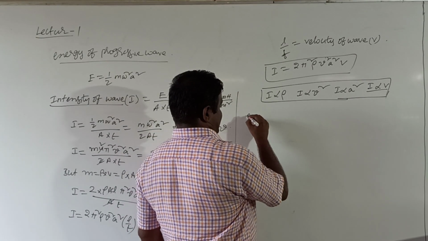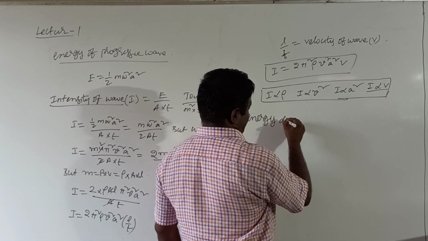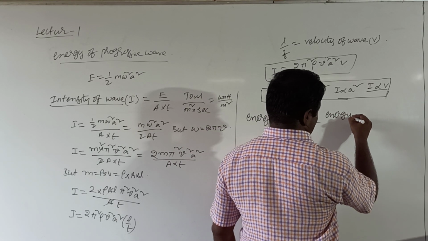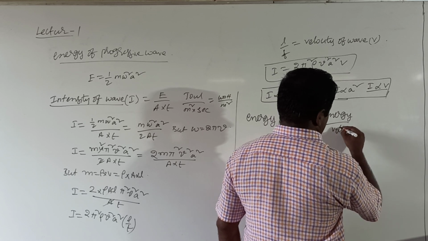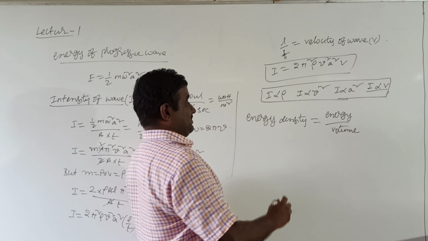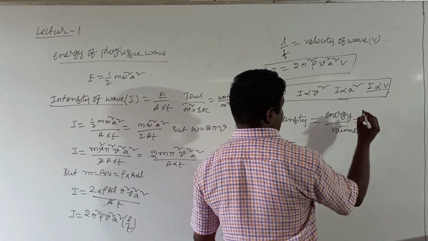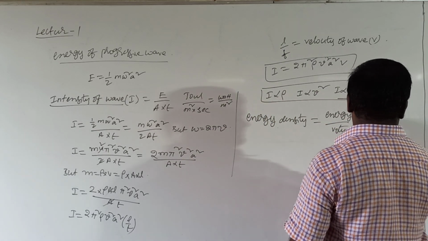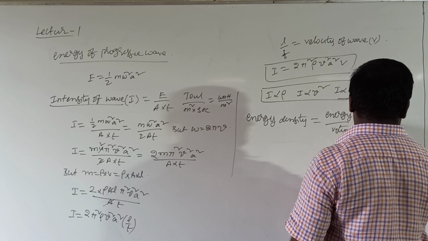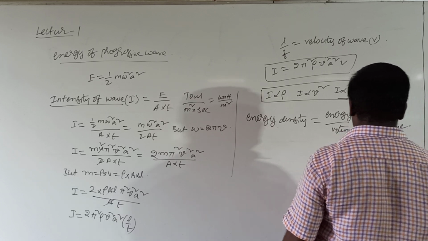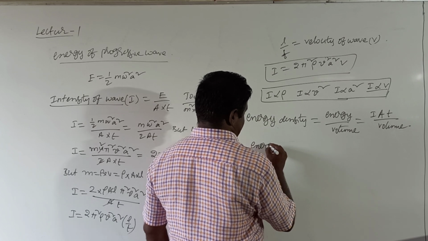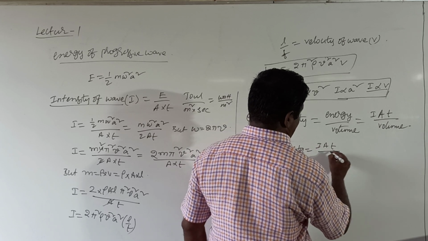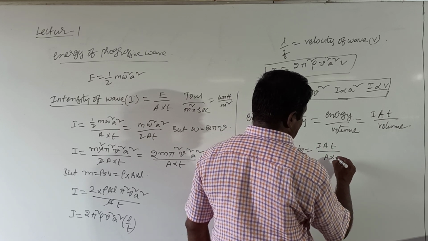Next, we discuss the energy density of a wave. Energy density equals energy by volume. So energy density equals intensity into area into time by volume. Then energy density equals I into A into t by volume, and volume means area into length.